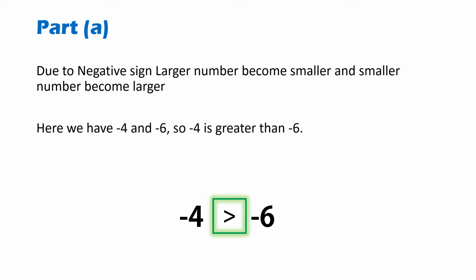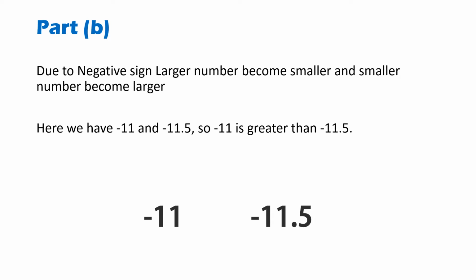Here we have minus 4 and minus 6, so minus 4 is greater than minus 6. Part B, due to negative sign, larger number becomes smaller and smaller number becomes larger. Here we have minus 11 and minus 11.5, so minus 11 is greater than minus 11.5.